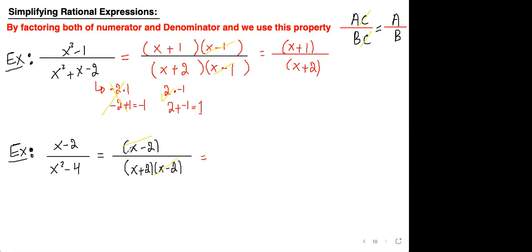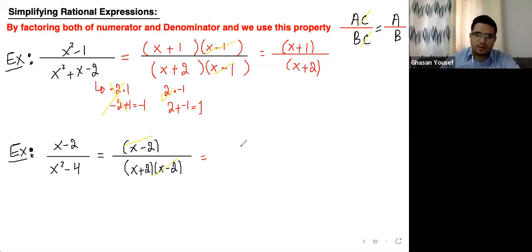After we cancel this one, what's left is 1, not 0. Some students say 0. After we cancel this with this, what is left here is 1 over x plus 2. It's not 0. You have to know this is not 0. So here, 1 over x plus 2.